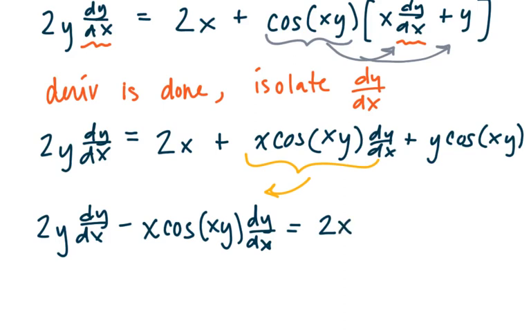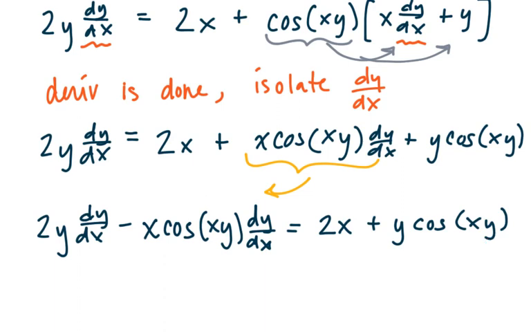And then I have 2x plus y cosine xy left on the right side of my equation. So this moved to the other side of the equal sign and became a minus. And then these two pieces, the 2x and the y cosine xy, they stayed on the right side of the equal sign.